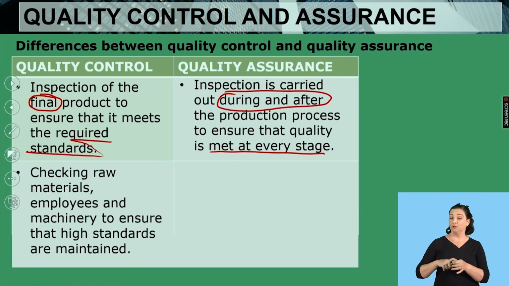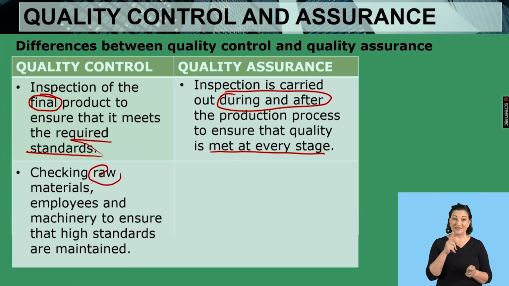Quality control also checks the raw materials, the employees, and machinery to ensure that high standards are maintained. So before the product is produced, I will check if the raw materials are of the right quality and if the employees are skilled enough to produce a quality product.